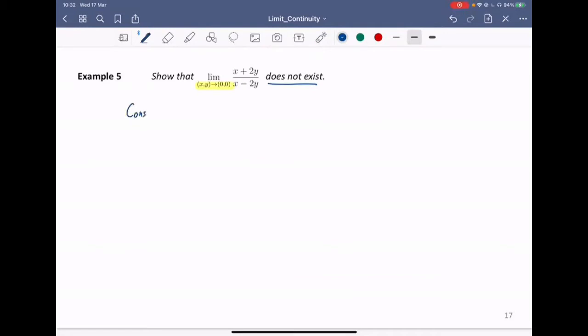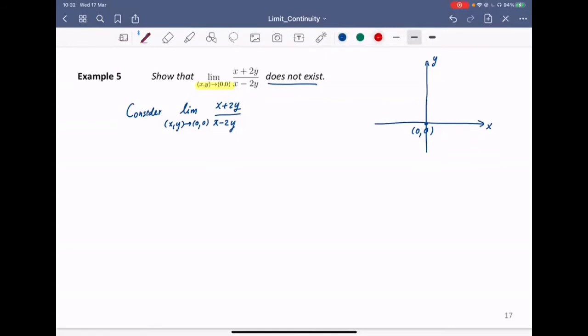So consider the limit of this where (x, y) goes to (0, 0). The first thing is that we know the point (0, 0) is here. You can pick any line that approaches (0, 0). The standard approach is to pick the one that is easy to compute.